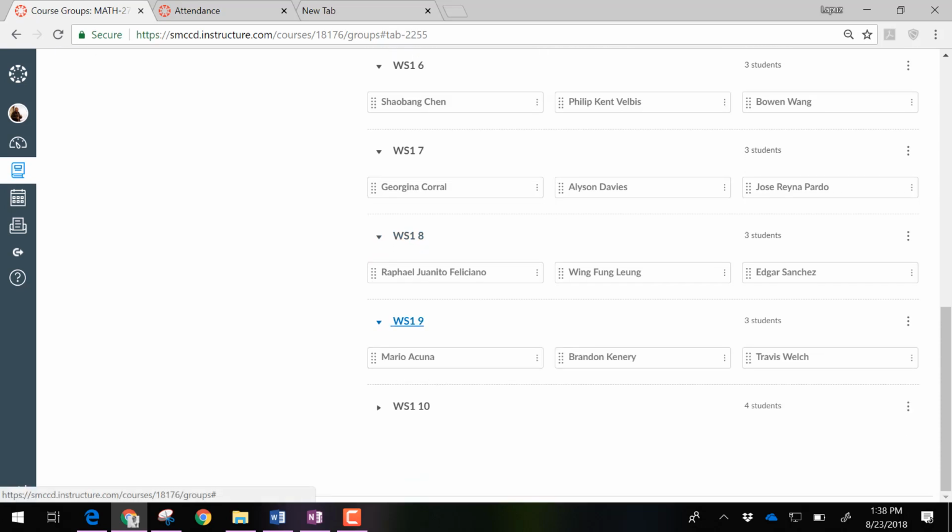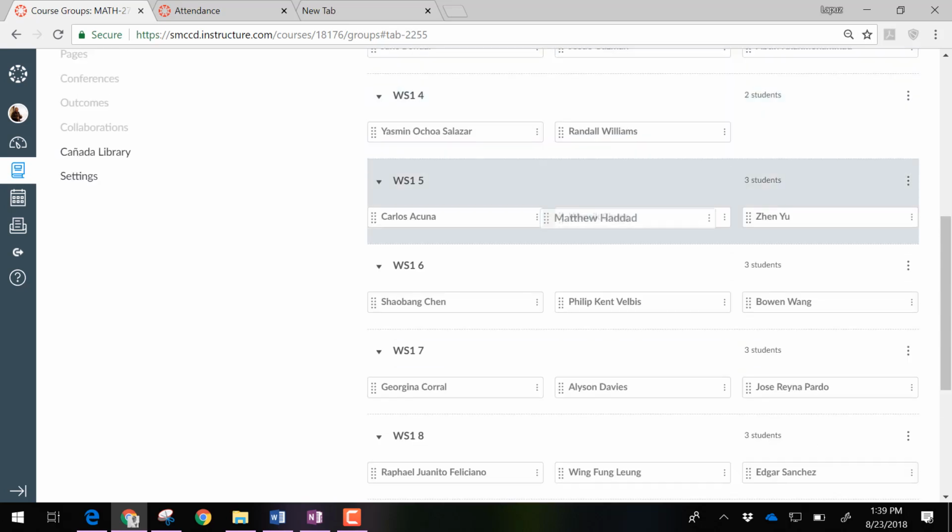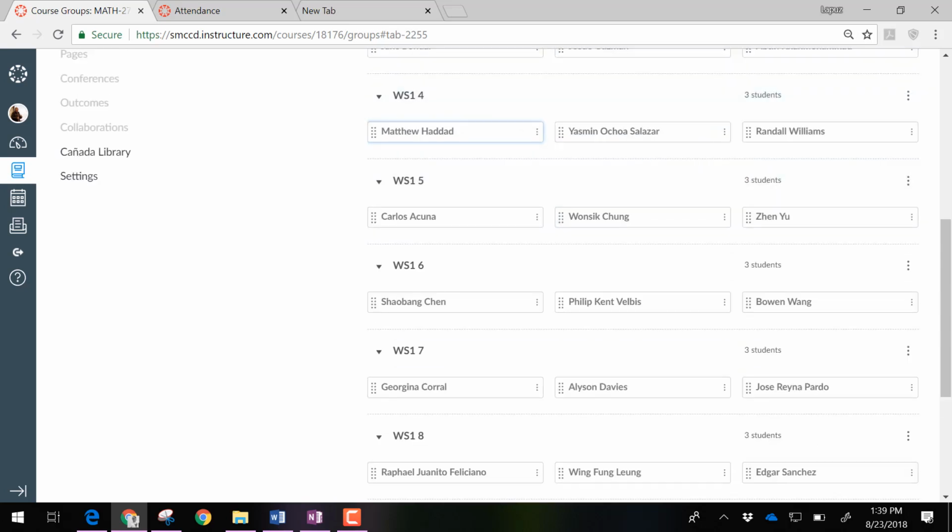Group 9, Mario, Brandon, and Travis. Is Travis here? Travis is here, yeah. And group 10, I'm going to take one of you. Oh, Monica's not here either. All right, I'm going to randomly pick Matthew to move groups. Matthew, you're in group 4 with Yasmin.